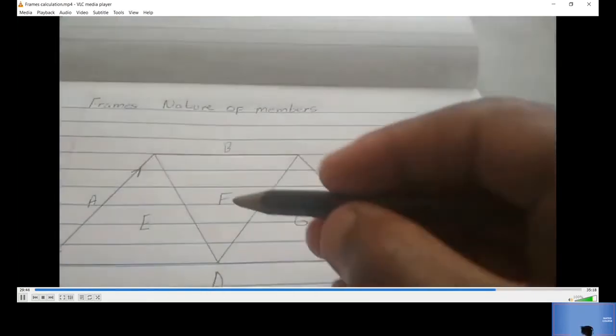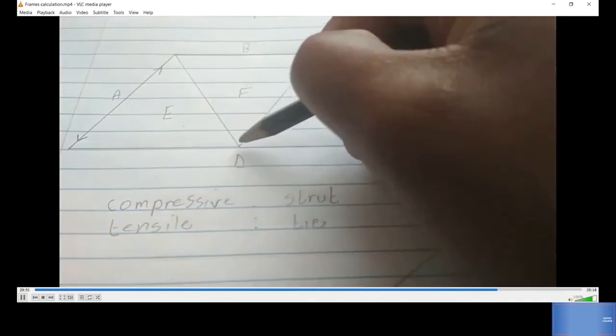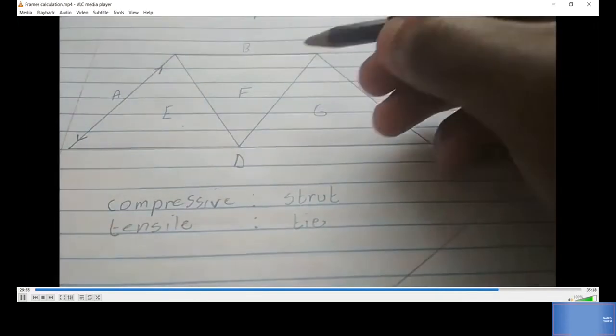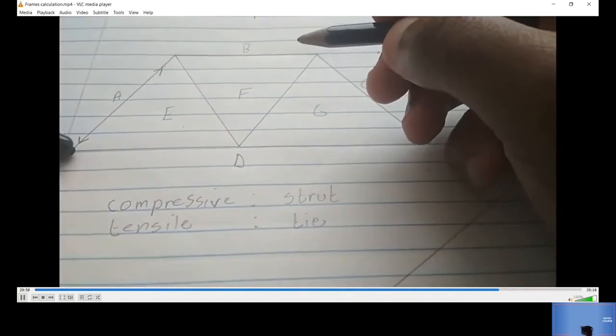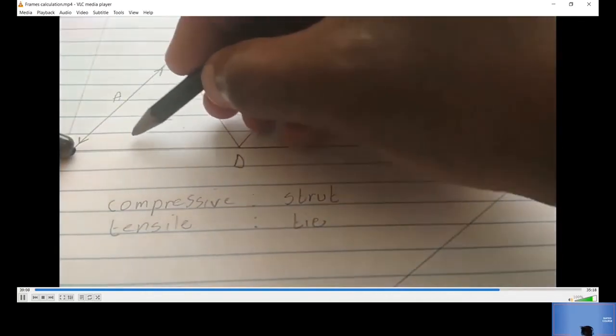Okay, the next member is ED. Where is ED? Okay, so that's member ED. It's that member there. And then we go to its far left. Its far left is right there. We move in a clockwise direction.